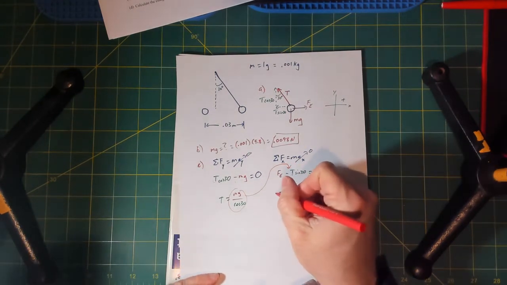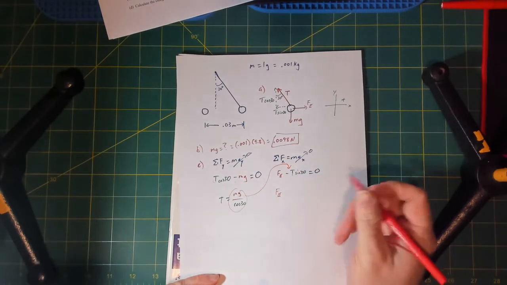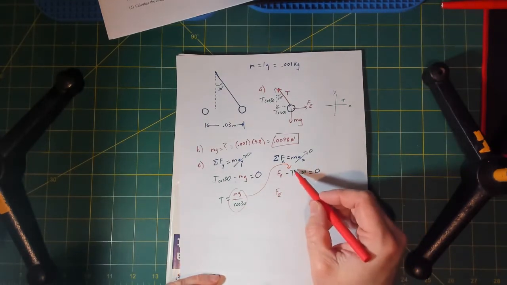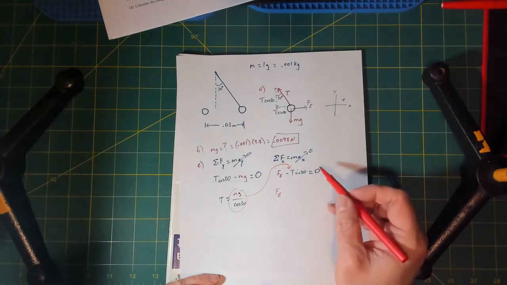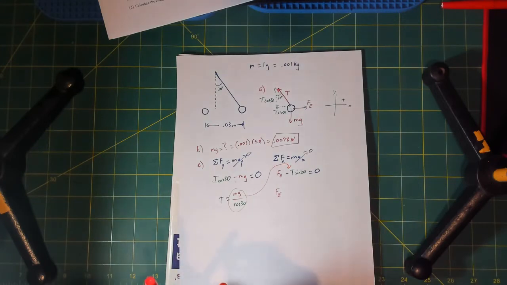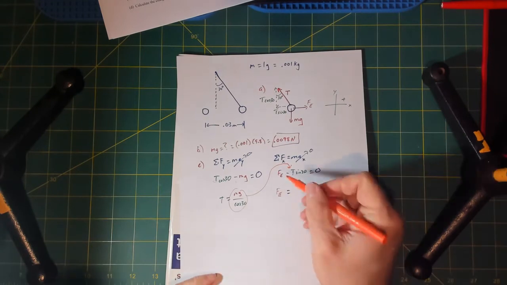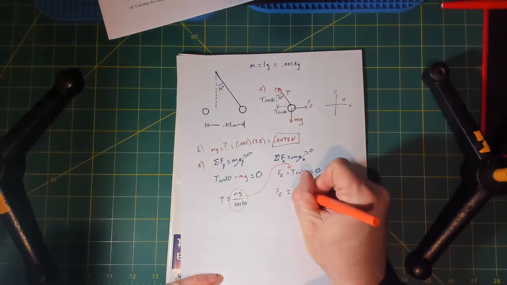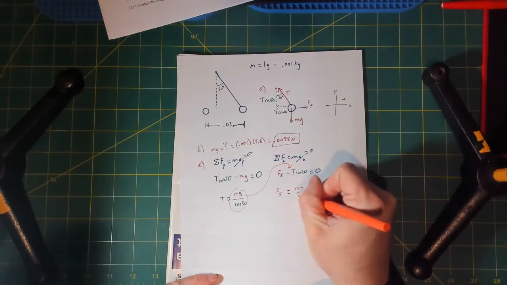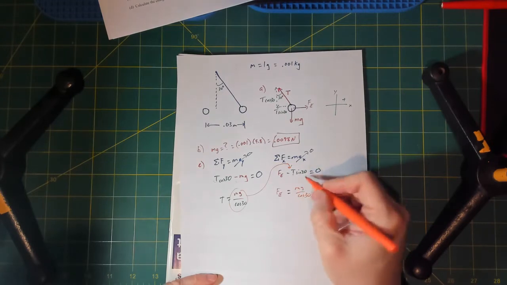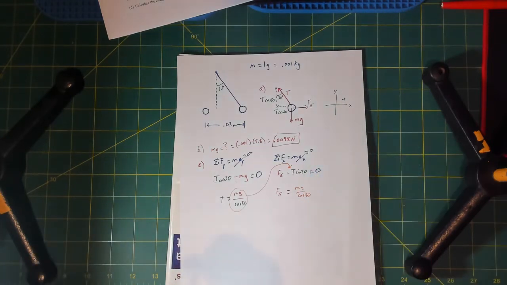If I do that, can I go ahead and do another algebra step? I'm going to move this T sine 30 to the other side and then substitute in. So that Fe that I'm trying to solve for will be equal to T, which is mg over cosine 30, times the sine of 30.